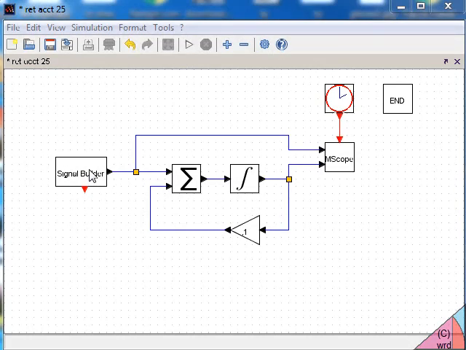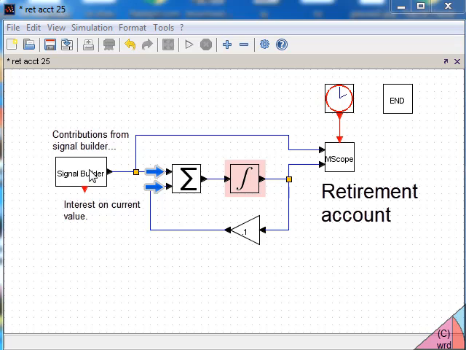Moving from the block diagram to the model, we have one retirement account with two inputs. We will need an adder block before the account. The interest-generating loop runs through the adder block. So do the contributions from Signal Builder.